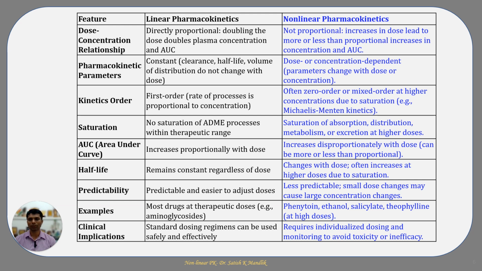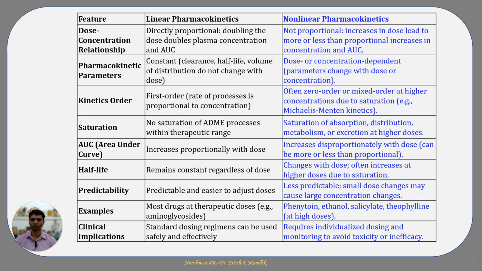The kinetics order that follows in linear pharmacokinetics is first order, that is, all the rate processes are proportional to the concentration. Whereas in non-linear pharmacokinetics, it often exhibits a mixture of first order and zero order. That means the kinetics involved is saturated kinetics, so sometimes it is known as Michaelis-Menten kinetics.